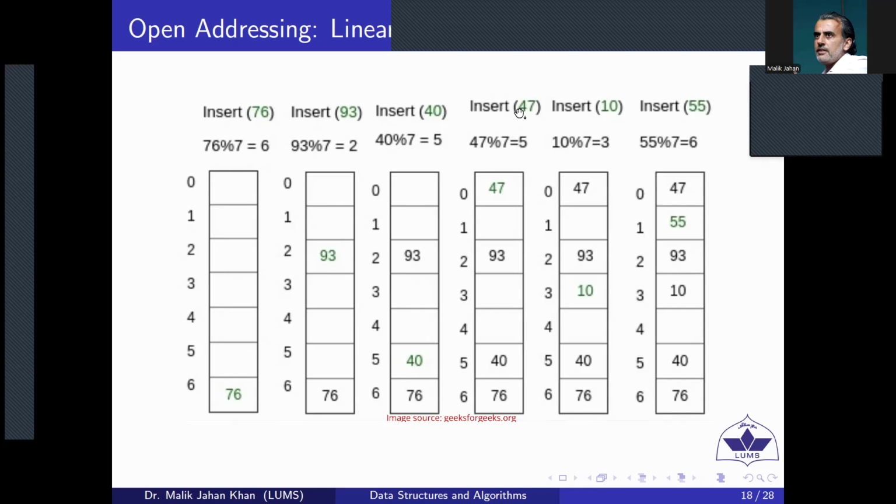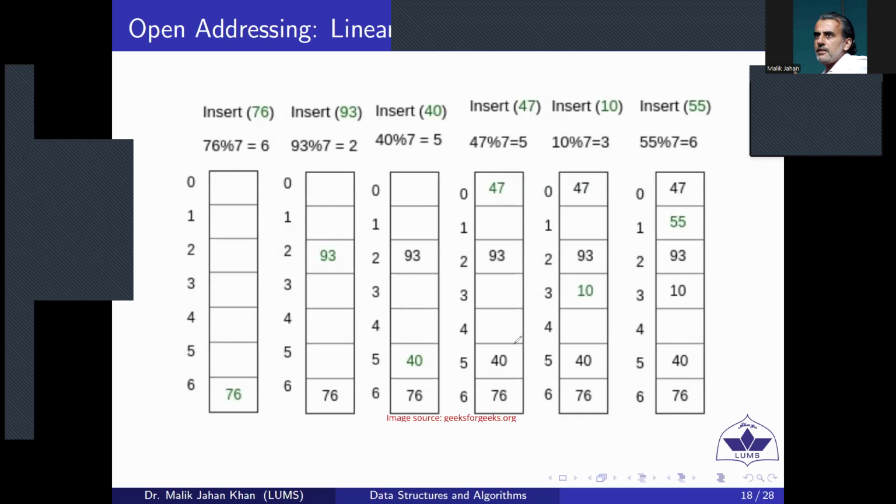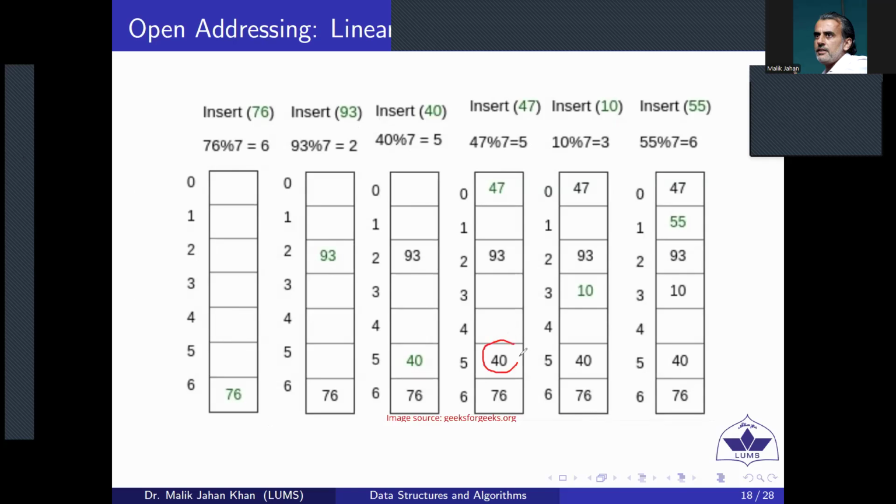When we try to insert 47, it tries to hash to index number 5. Now, this is critical to understand. When it tries to hash to index number 5, 40 is already there. So linear probing suggests that we move to the next element, and that is already occupied by 76. So we try to move to the next element, which means that we are incrementing the current index by one.